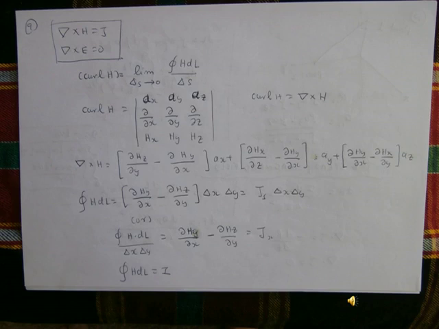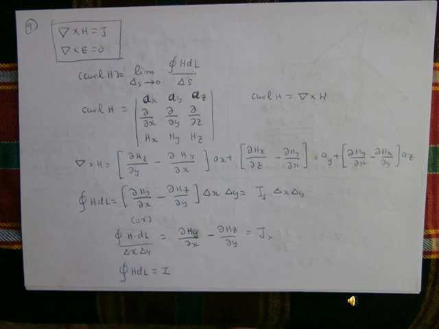So this is for the curve integral equation, and therefore we write down the equation: the curve integral of H dl divided by dx dy equals dHy by dx minus dHx by dy, which is equal to Jz. Jz means the current density in the z direction. And also the closed integral of H dl is equal to I. In this case, H is the magnetizing force, dl is the distance travelled, the length, and I is the current.